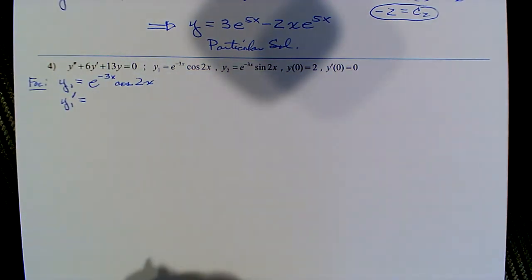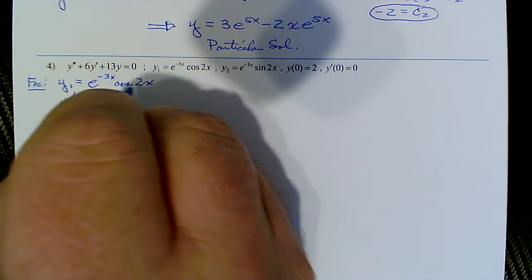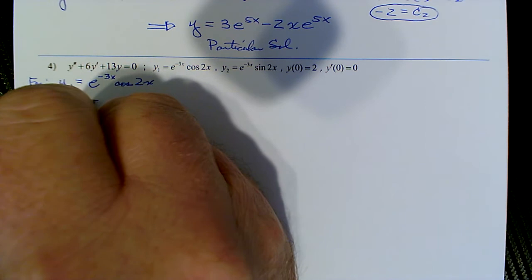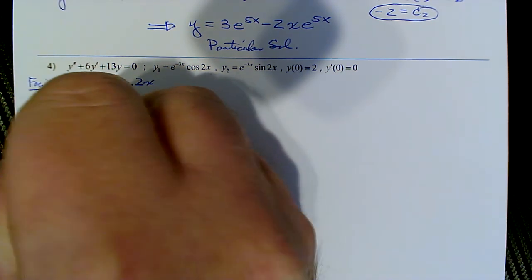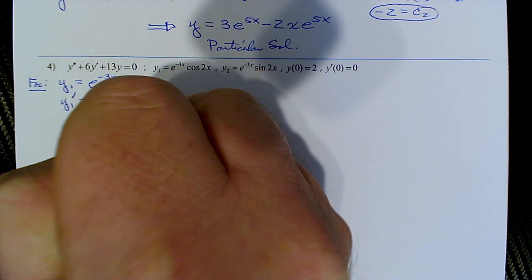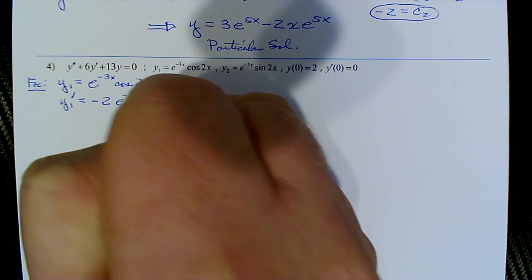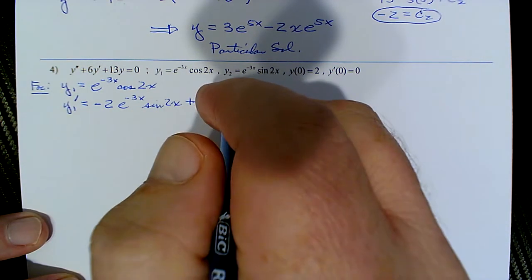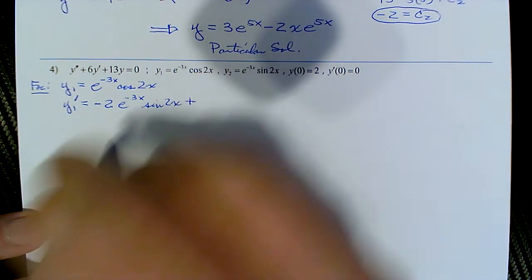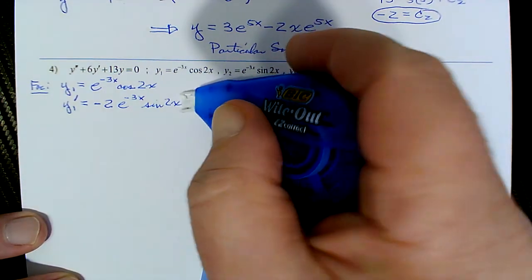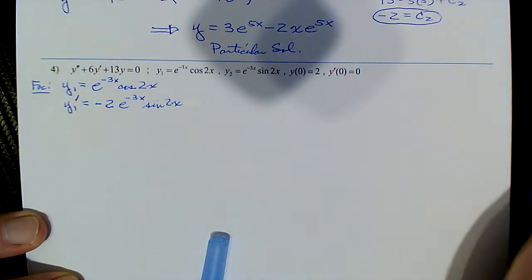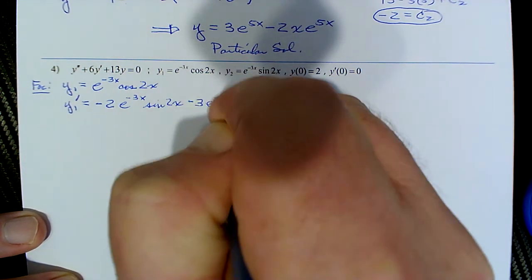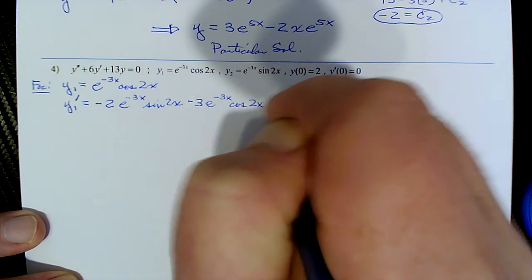And the first derivative, by the product rule, first factor, derivative of the second is minus sine of 2x times 2, so let's write minus 2 e to the negative 3x sine of 2x, and then plus the second factor, cosine of 2x times the derivative of the first, and that's e to the negative 3x times negative 3. So let's make this a negative 3 e to the negative 3x times the cosine of 2x.